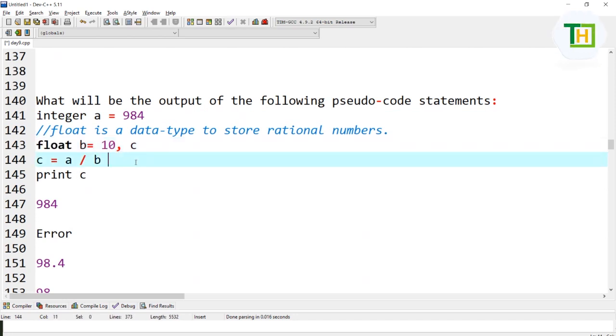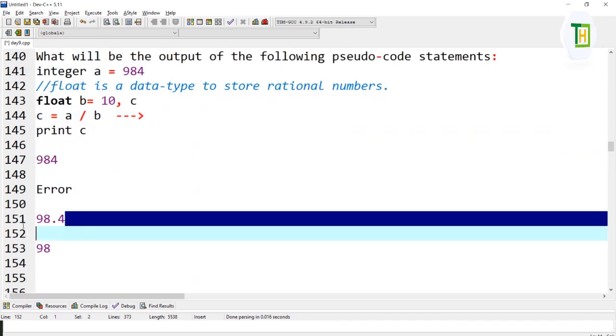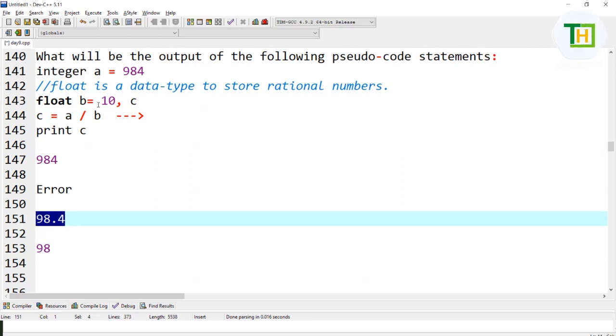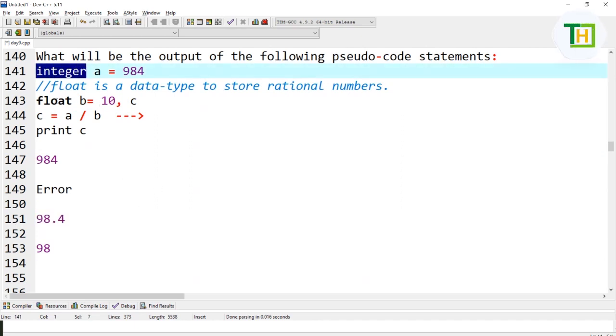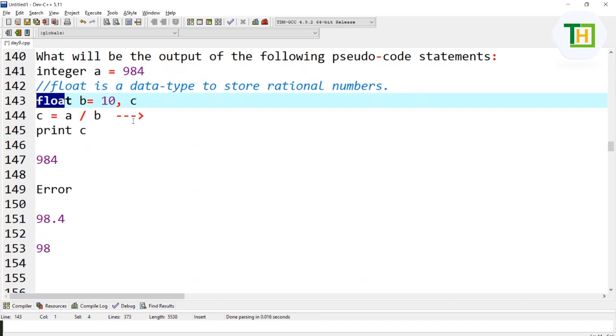If you observe this expression, one value is an integer and another value is a float. If any single value is a float, the result is going to come as a float and we are going to store the result in a float also. Then the answer is 98.4 here. In this case, if any one value is float, the answer is always float.